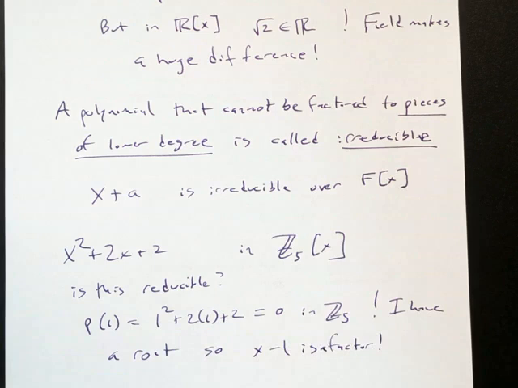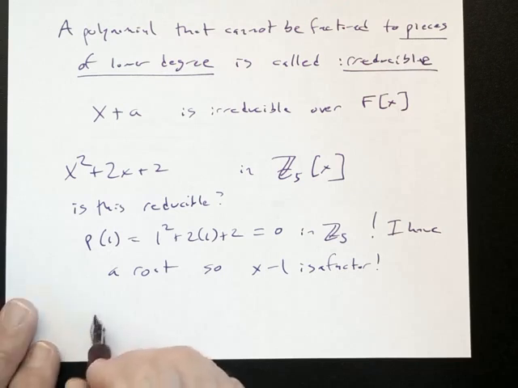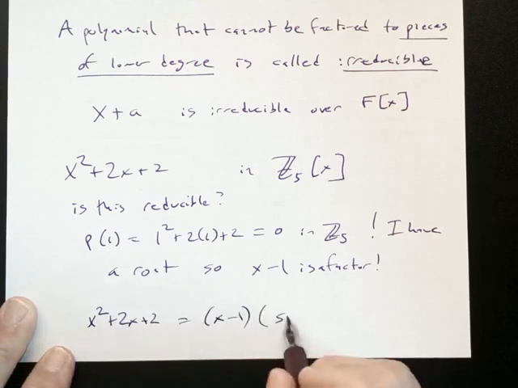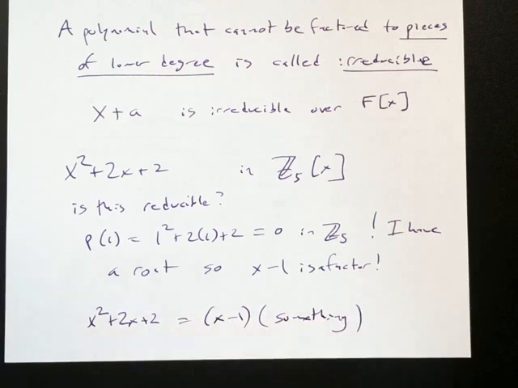Now here's where you have a choice. You could use x minus 1. You could also use x plus 4, because we're in Z5. So I know right now that I'll get a factor of x minus 1. I don't know what the other stuff is, but what do I know about the highest power in the other stuff?